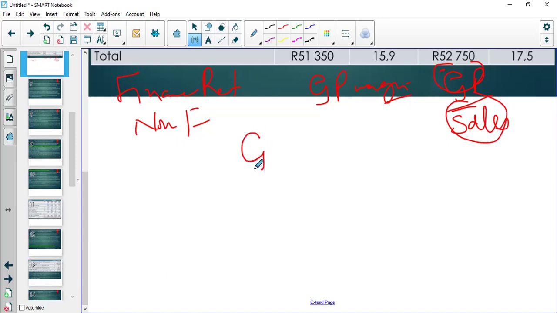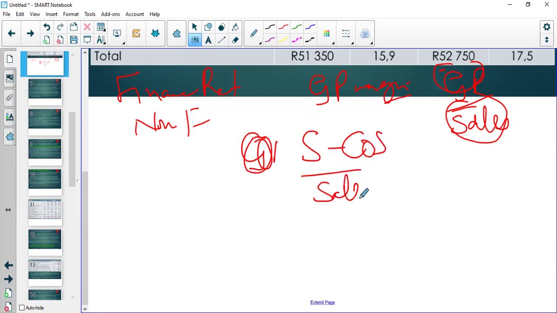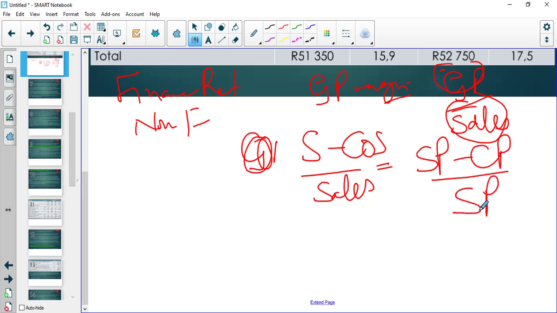So my gross profit is going to be equal to my sales minus cost of sales over sales. More correctly, it's actually selling price per unit minus cost price per unit over the selling price. So I want to see in my selling price, if my selling price per unit was this, how much of that went to cost of sales? And obviously what is left will be my gross profit.